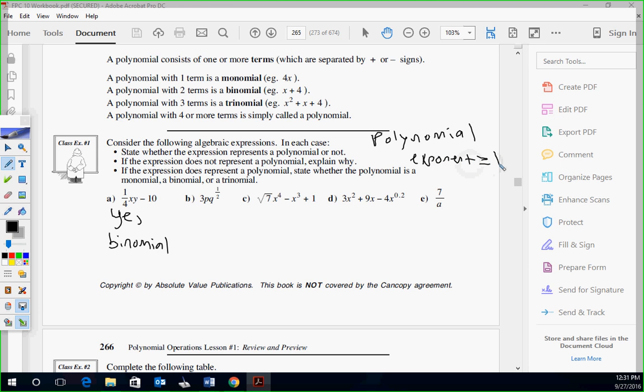So if you have an exponent less than 1, it's not a polynomial. This one has 1/2, so this is the problem. So no, it's not a polynomial. Apologize for the confusion there. Why is it not? Because 1/2 is not 1 or greater.